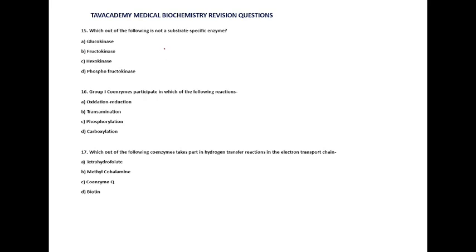Which out of the following is not a substrate-specific enzyme? Hexokinase is the answer. Group transfer coenzyme participates in which of the following reactions? Oxidation reduction reactions. Which of the following coenzymes takes part in hydrogen transfer reactions in the electron transport chain? The answer is coenzyme Q.